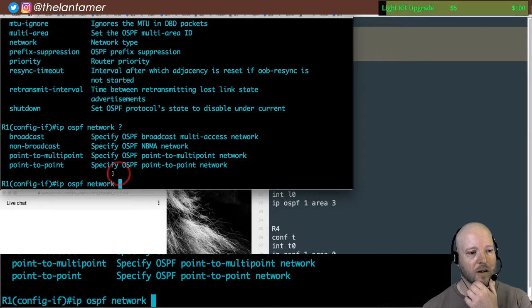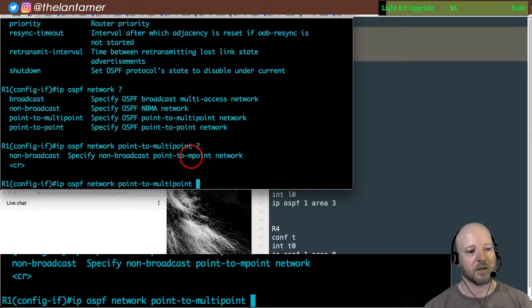Here are the options: broadcast, non-broadcast, point to multipoint, point to point. I think we need point to multipoint, non-broadcast.